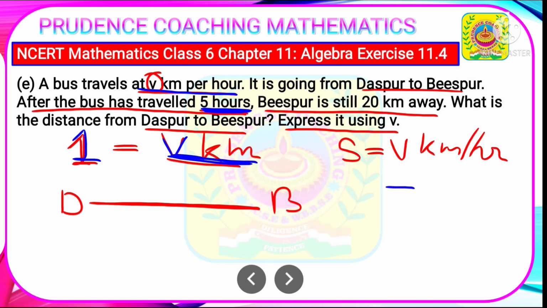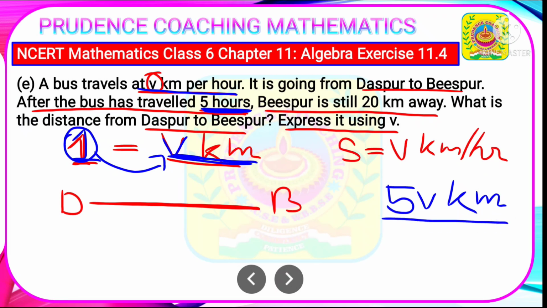That is 5 into V km, that is 5V km. So using the unitary method we have calculated that in 1 hour if it travels V km, then in 5 hours it will travel 5V km. So this much distance is covered by the bus, that is 5V km.